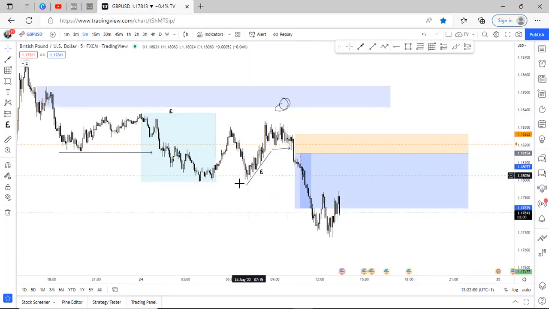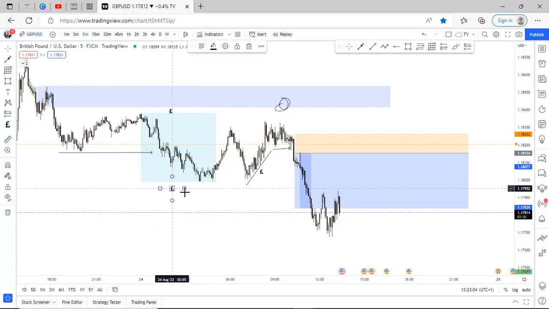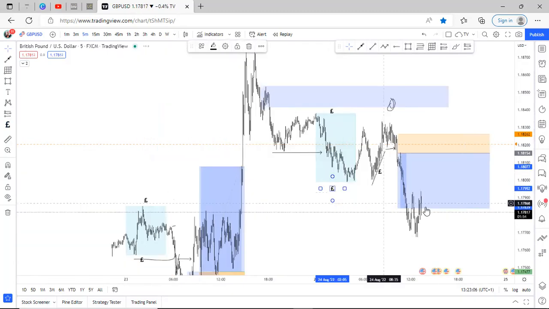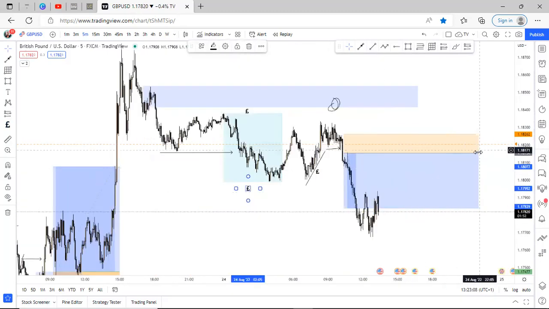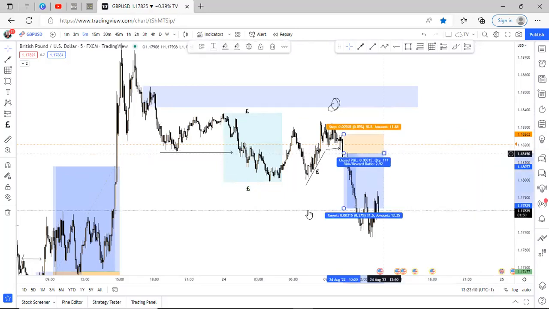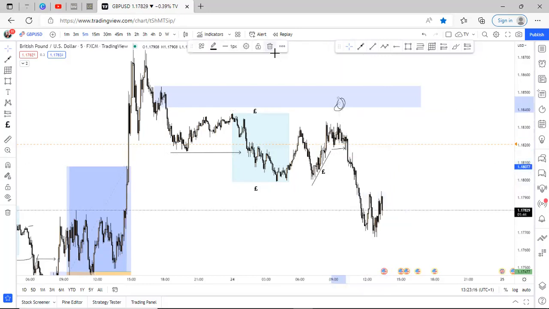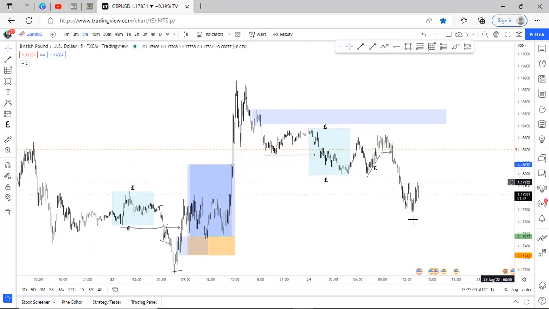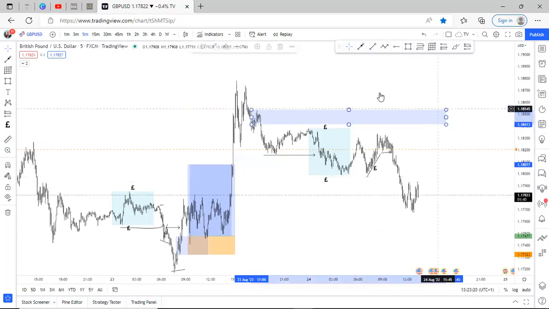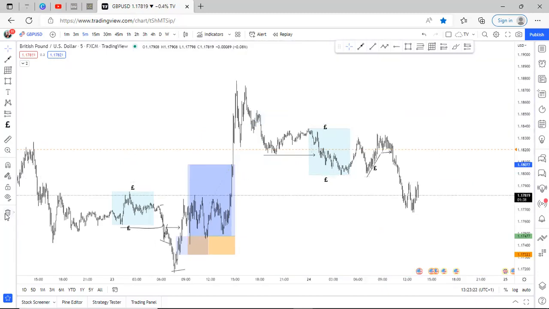I just wanted price to clear out this, then I wanted price to take out the Asian range low, and it was really a scalp trade, a tight one at that, and I was in and out of the trade. So that's the trade I took on GBP USD this morning.